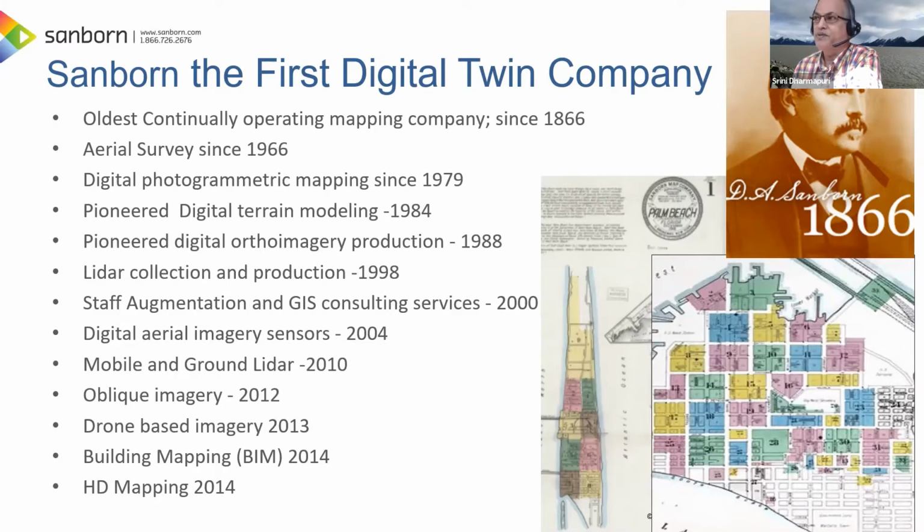In 2004, we had a large format digital camera. From that, we have been collecting very big aerial images, specifically for ortho as well as planimetric and topographic compilation. And very recently we started working on HD maps. I will talk a little at the end on the use case of digital twin with regard to HD maps.